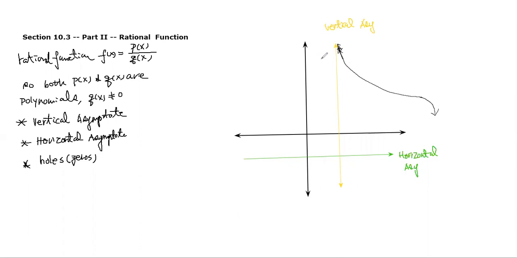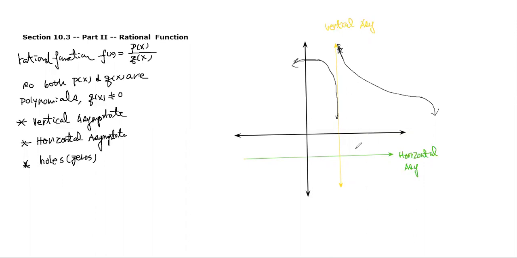Your function can approach from this way here. You will see this function getting closer and closer to the yellow line. That's what we call the asymptote. That means your function gets closer to it, but it never touches it. So what is the horizontal asymptote?